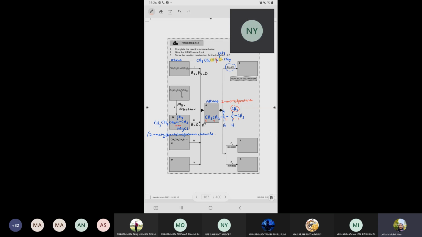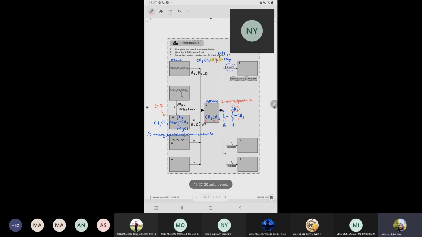Sekali lagi yang mana satu? Yang nombor 3 tu. Nombor 3. Okay, maksudnya lepas kita breakkan bond MgCl tu? Bukan lepas kita breakkan bond. Okay. Oh. Kita dah dapat Grignard reagent. Okay, ini Grignard reagent.